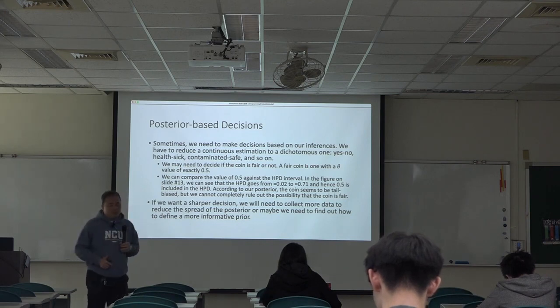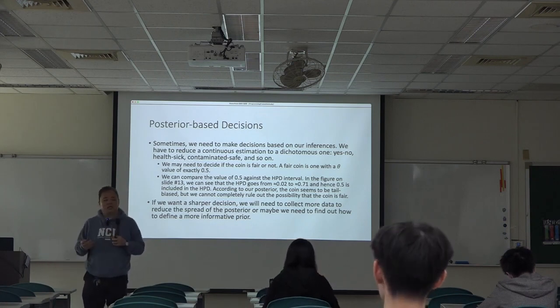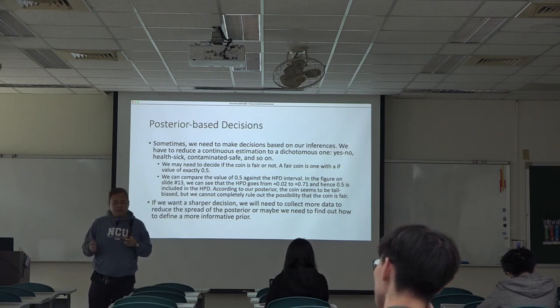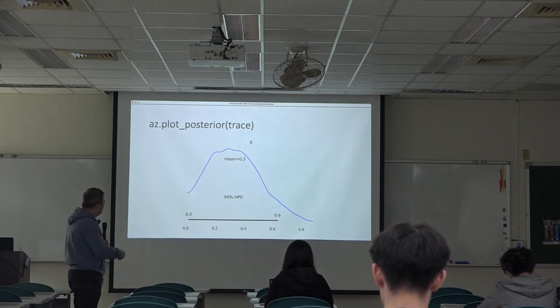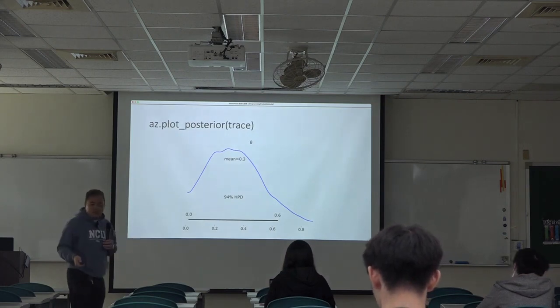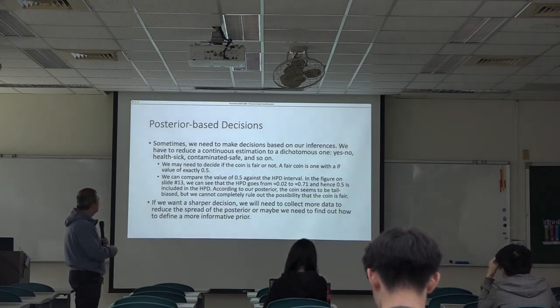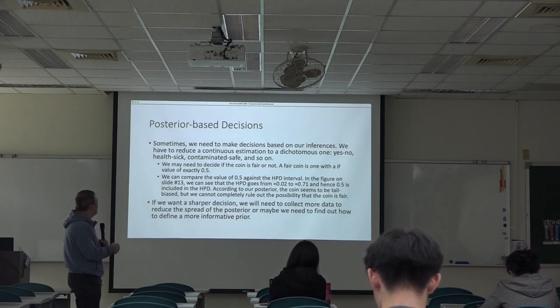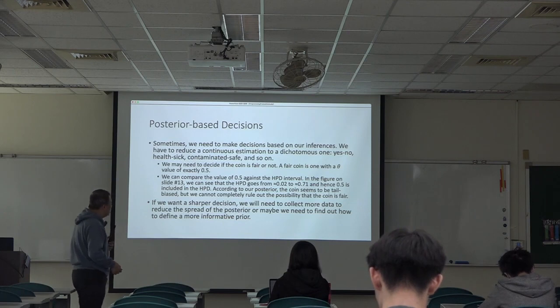Dichotomous means a yes-no question, for example, healthy or sick, contaminated or safe. But the result that we have in this slide is continuous. So one of the questions may be that we want to decide if the coin is fair or not.